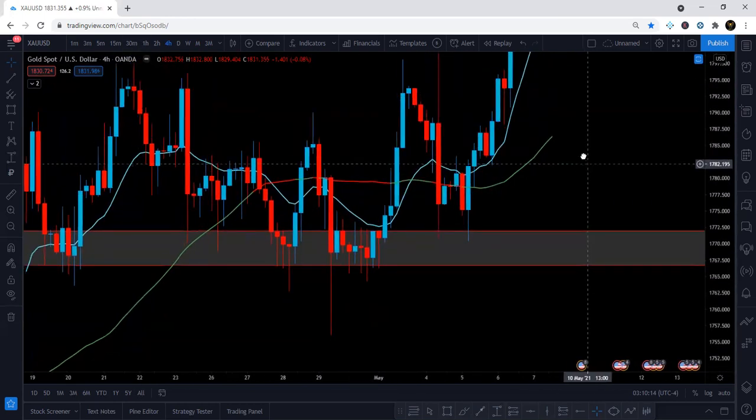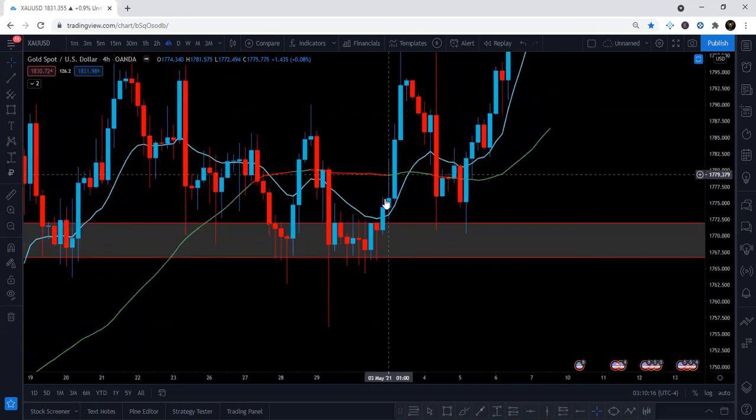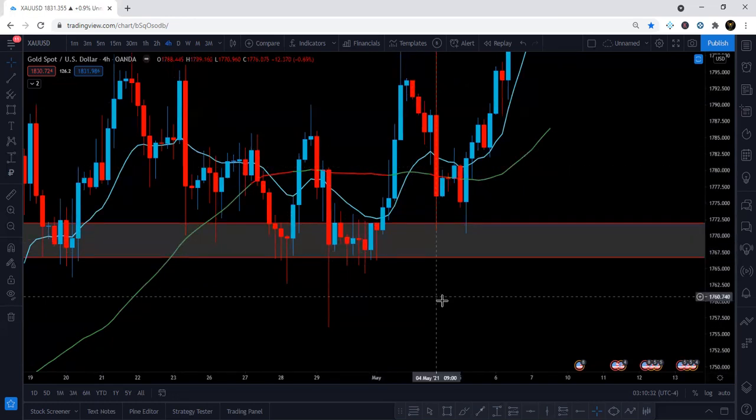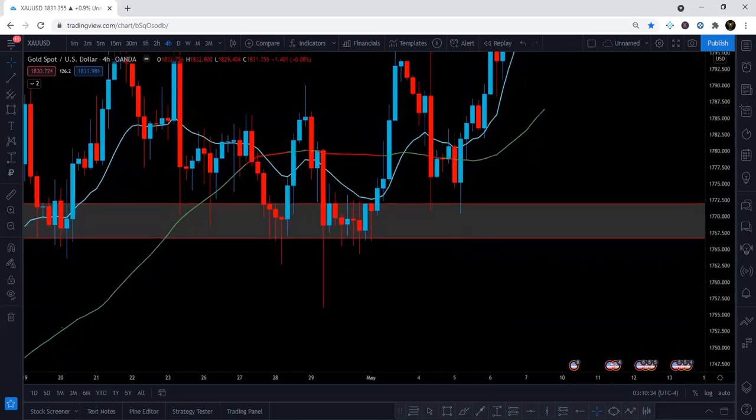I missed the trade because I see gold making a huge down week before going up, and 80% of the time it does that before going up, just like this. It comes all the way down to the body, to the wick, before it returns up and goes up. This is an example right here.